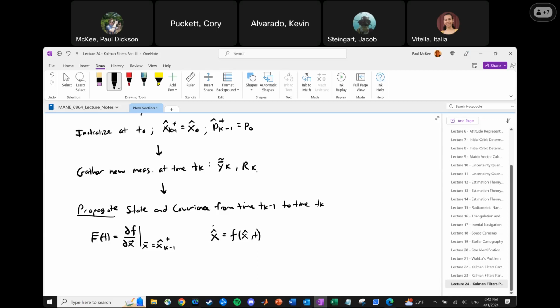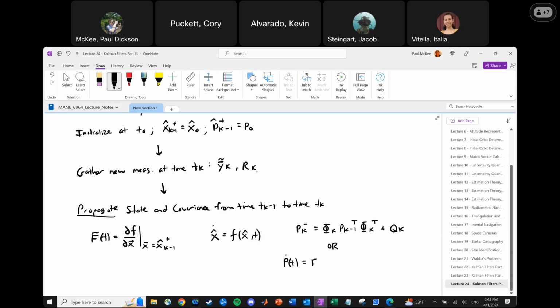And then we have two options for covariance. So those are going to look like Pk minus is equal to Phi k Pk minus 1 Phi k transpose plus Qk, if you feel like using the straight state transition matrix, which you would then get from F. Or when I'm doing an extended Kalman filter, I actually prefer the ODE45 method.